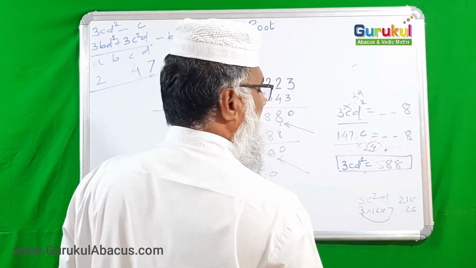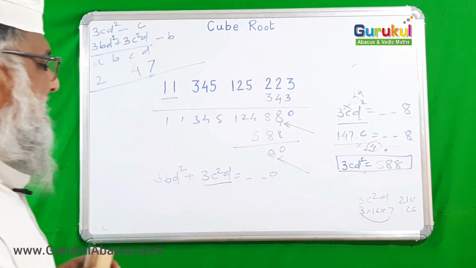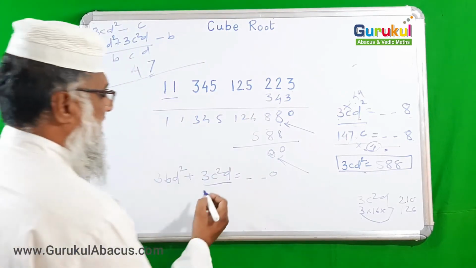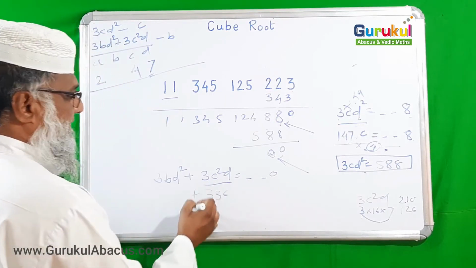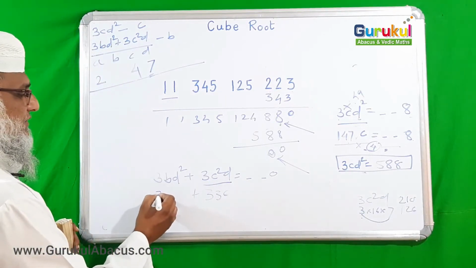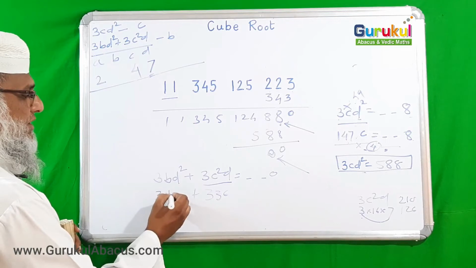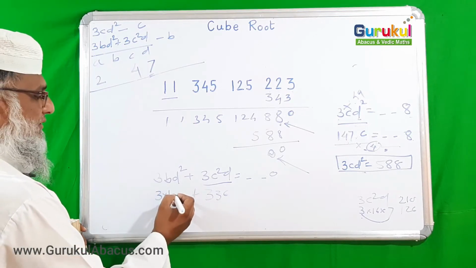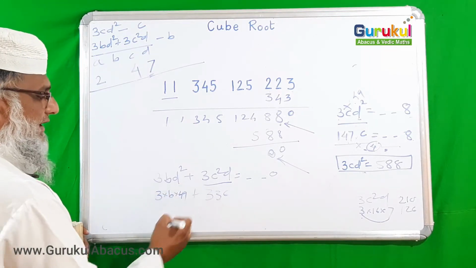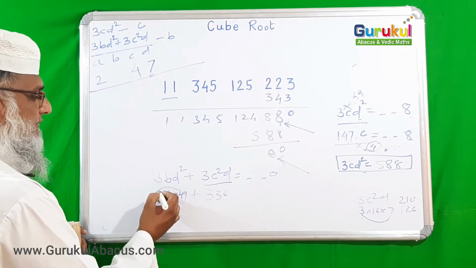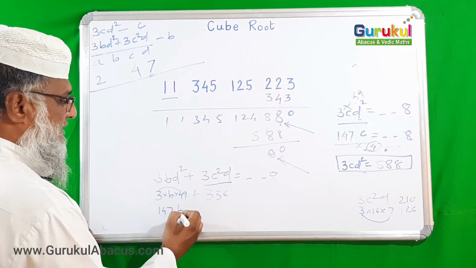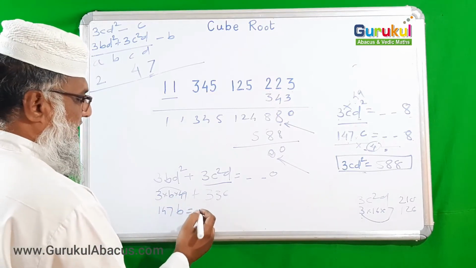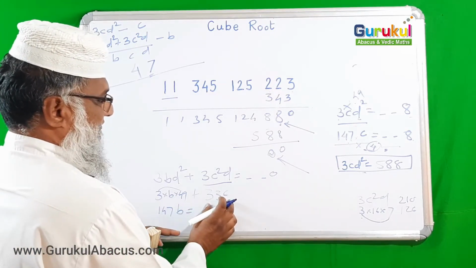So together we are getting 336. 336 is the value of this term. And now here is 3 into b, and d square's value is 49. So back here, 49 into 3 is 147b, and it is equal to this term 336.